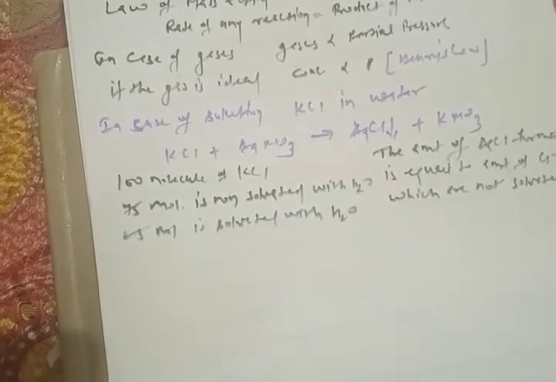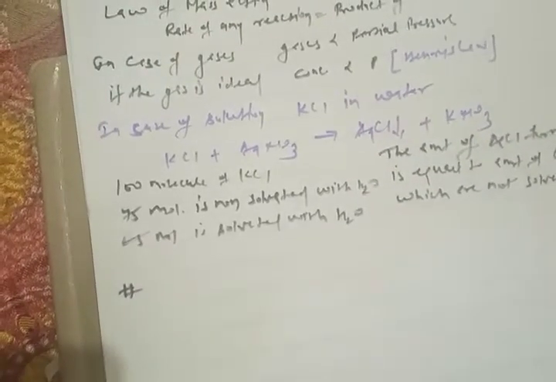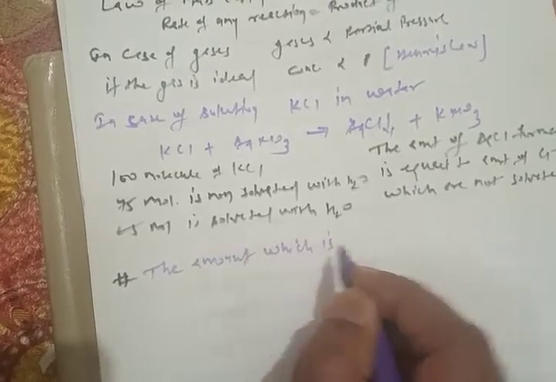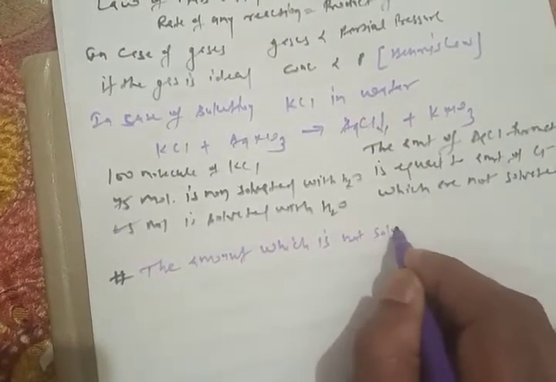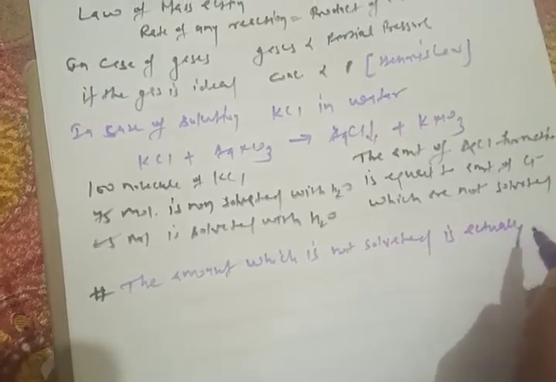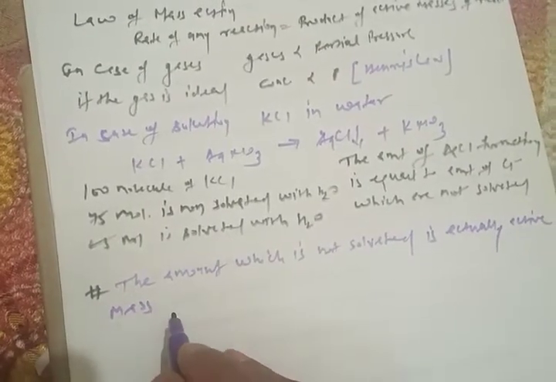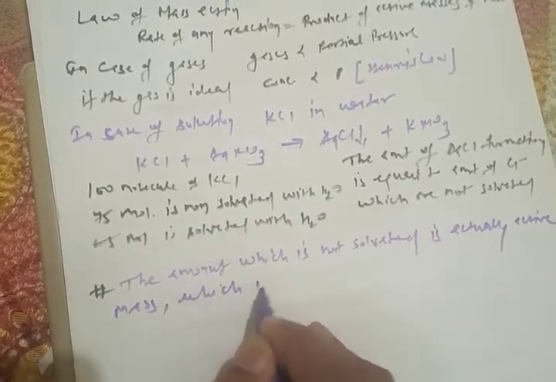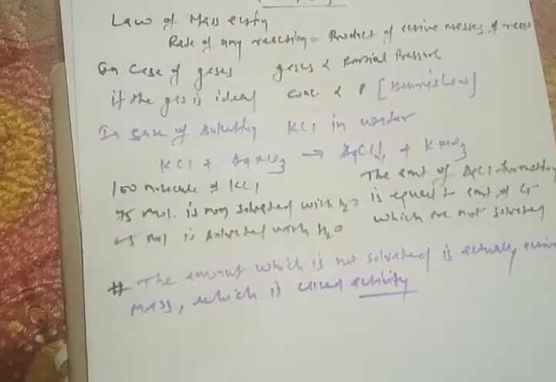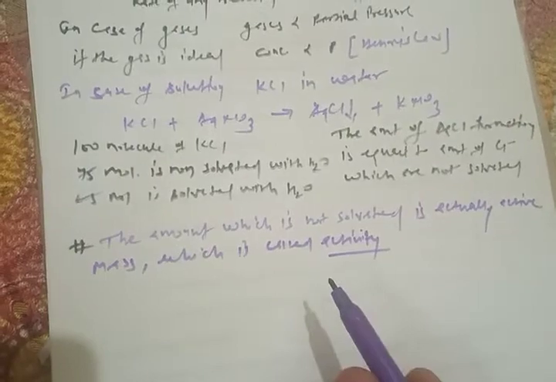So the amount which is non-solvated is actually your active mass, and this active mass is called activity. So the activity is actually the non-solvated amount, because this is the only part that is active.